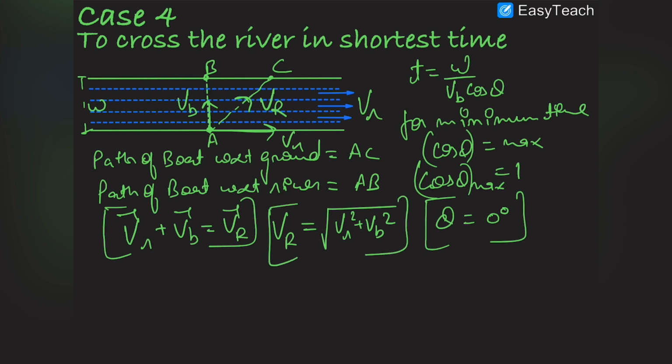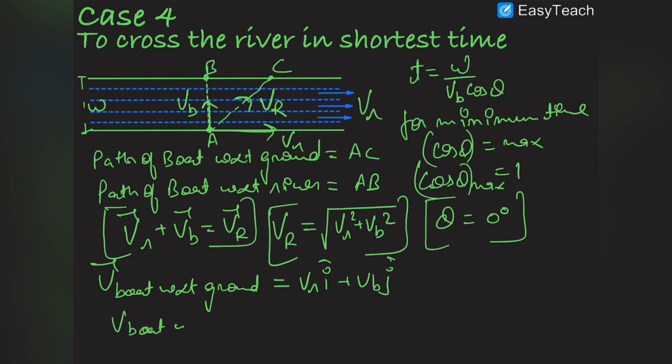Okay, in this case I can say that the velocity of the boat with respect to ground would be equal to Vr i cap plus Vb j cap, but the velocity of the boat with respect to river is only Vb j cap.